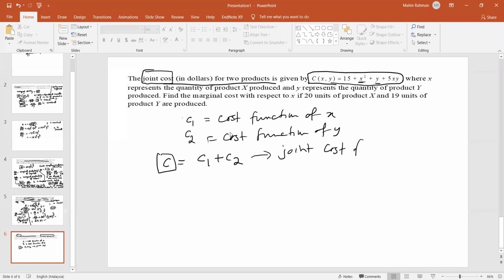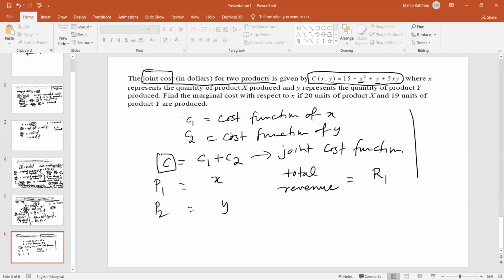Similarly, sometimes we will give you the demand equations P1 and P2 separately, one for X and one for Y. If you want to find the total revenue, it will be two parts, R1 and R2. Since you are given P1 and P2, we can get R1, which is price times quantity, and R2, which is P2 times quantity.